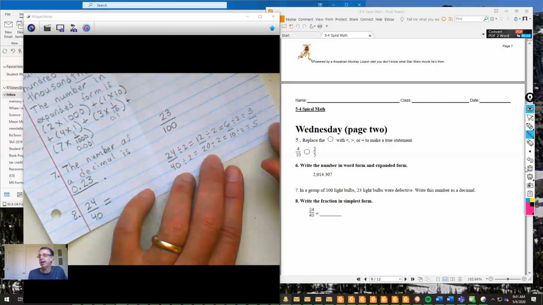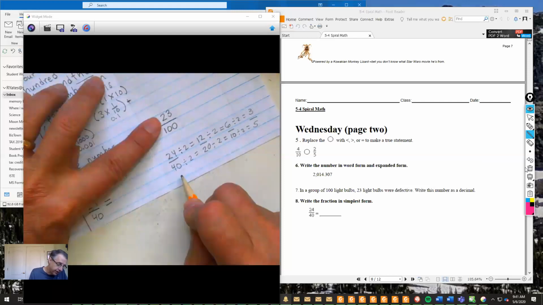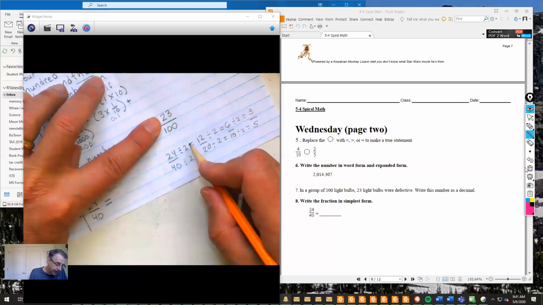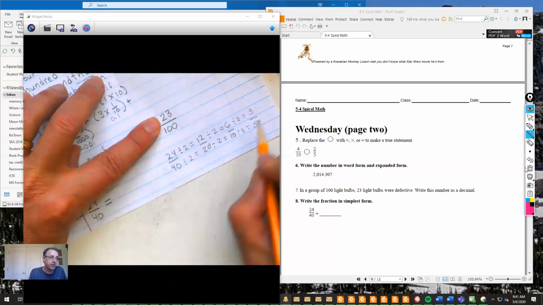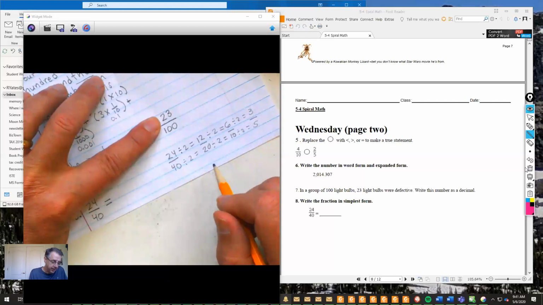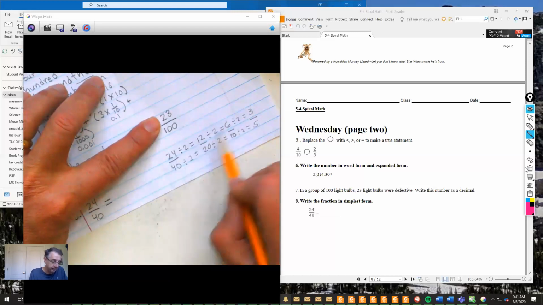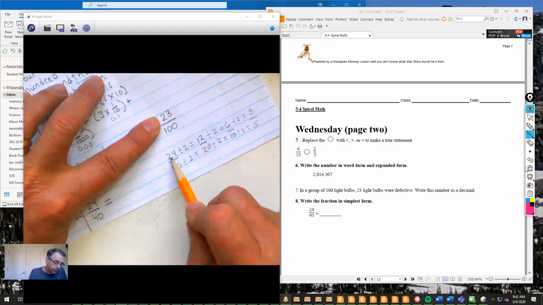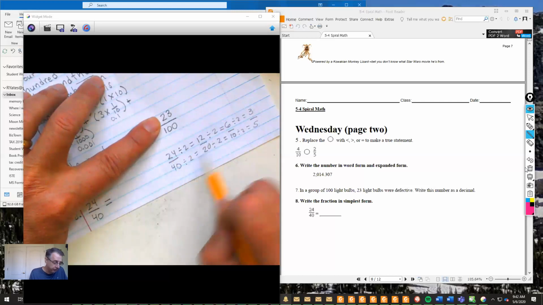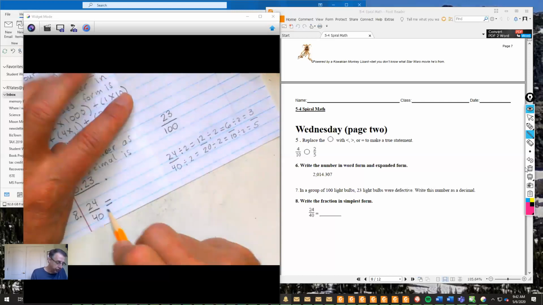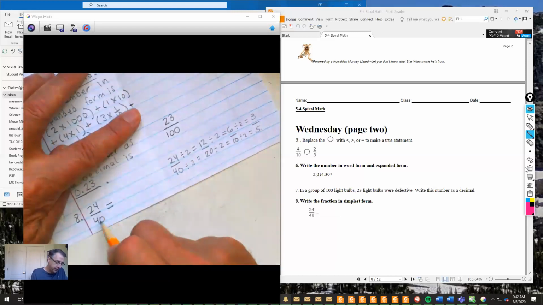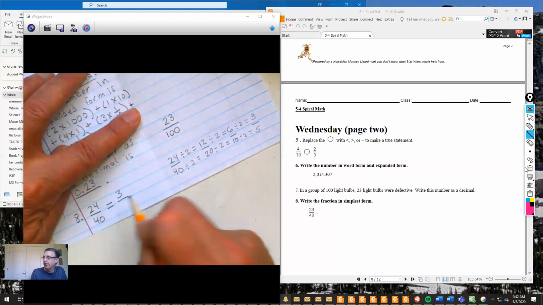Another way I could have gotten there is I could have taken 24 divided by 8 and 40 divided by 8, which is the greatest common factor of both of those numbers, and I would have gotten the same answer, except without a lot of the other dividing. So I could have taken 24 divided by 8, 40 divided by 8, and gotten 3/5 as well. Either way, you should end up with 24 over 40 equals, as a simplified fraction, 3/5.